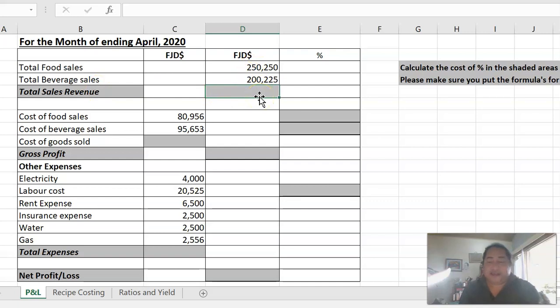So you press the equal button on your computer. Remember, you don't calculate it with a calculator. You've got to use the formula bar, and you click the denoted sales. So total food sales plus, remember the formula bar, you use the plus sign plus the next cell, and then enter.